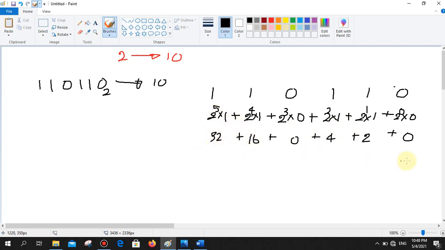Okay, so then the sum of all these numbers is about 54 in base 10.